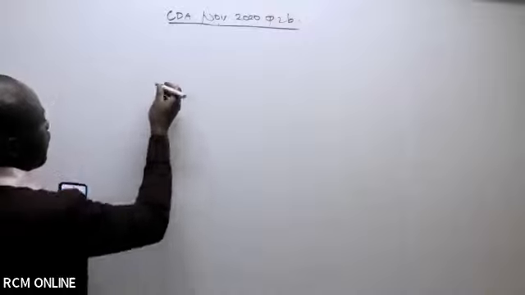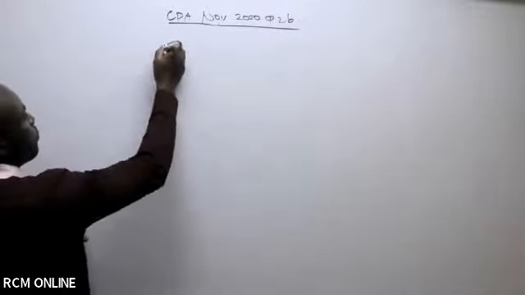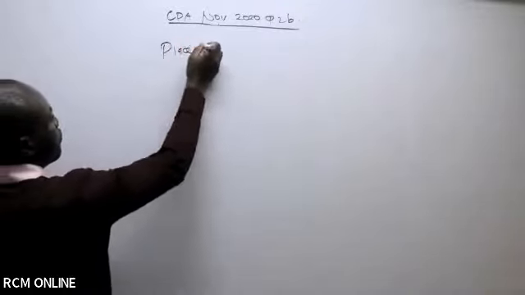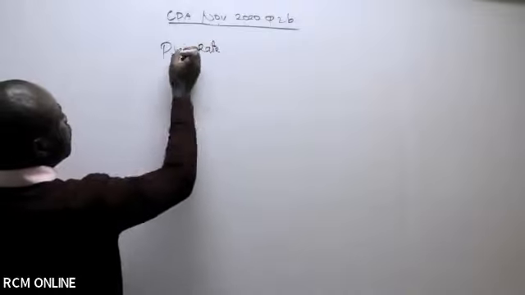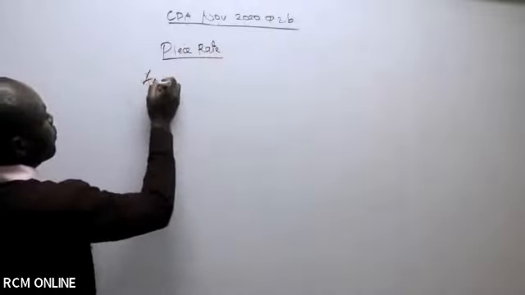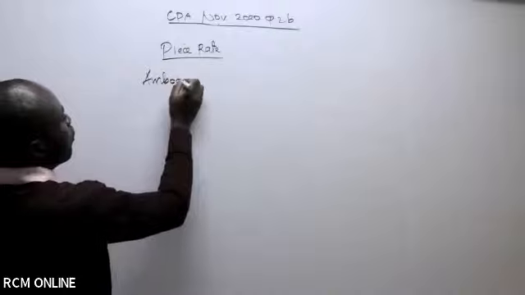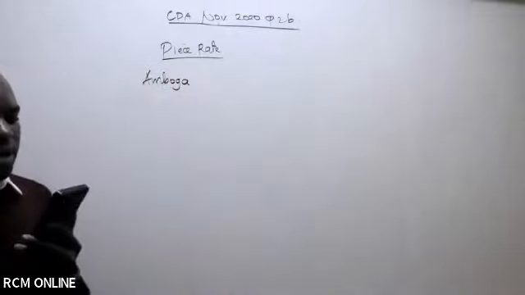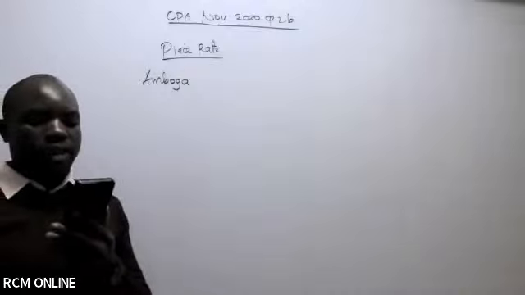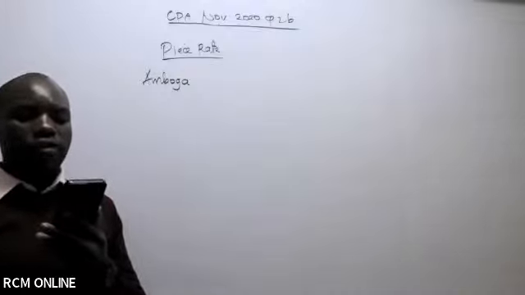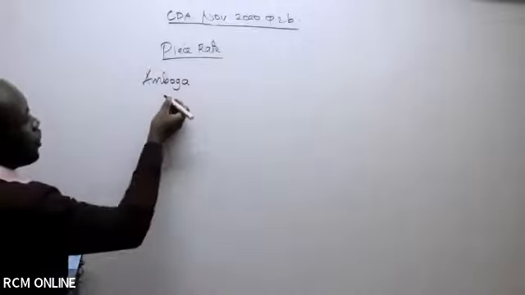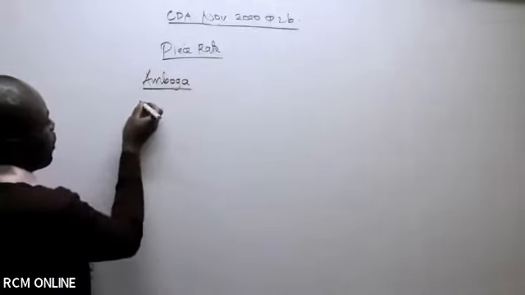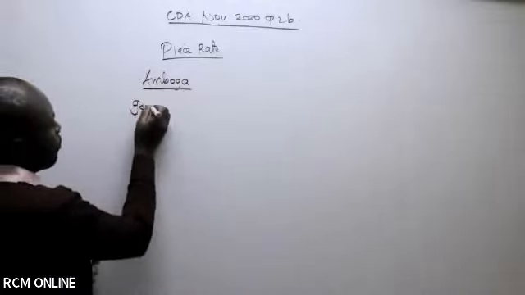Let's start with Amboga here. What is the examiner telling us? The examiner has said, under piece rate, the company pays its casual workers 25 shillings for every good unit. So Amboga here will be paid for the good units.